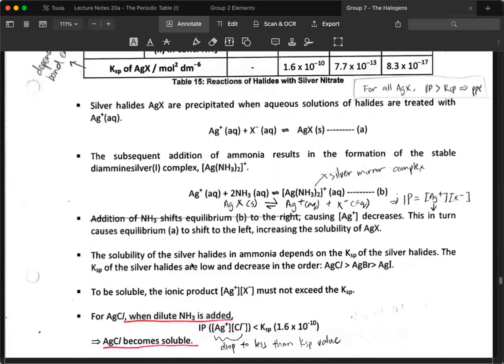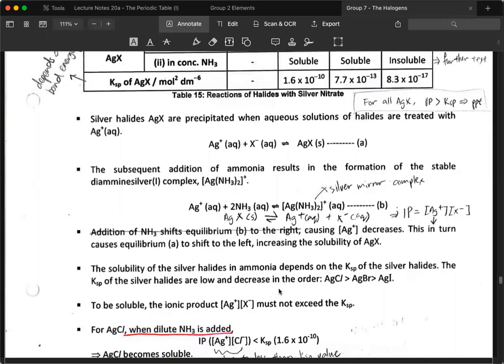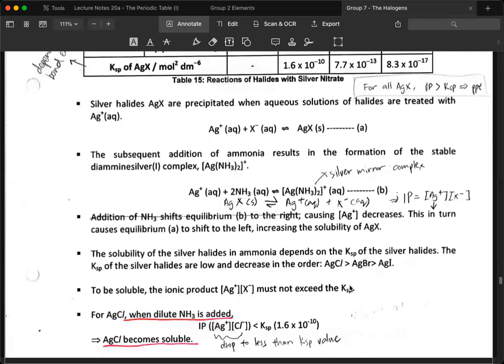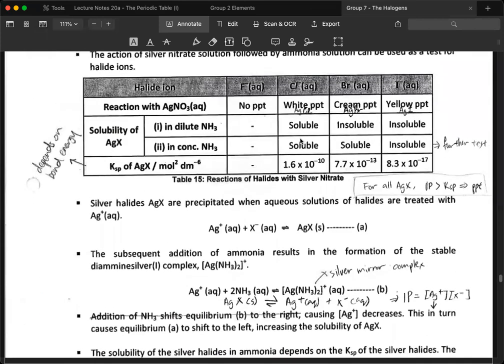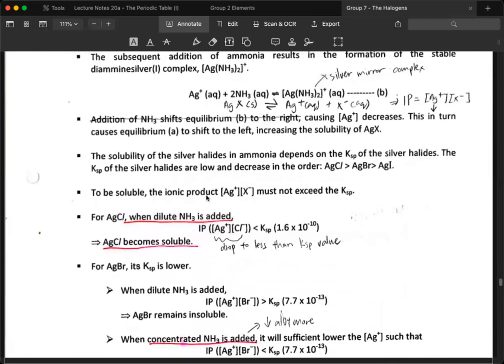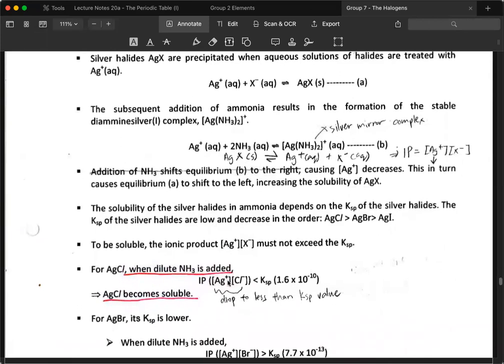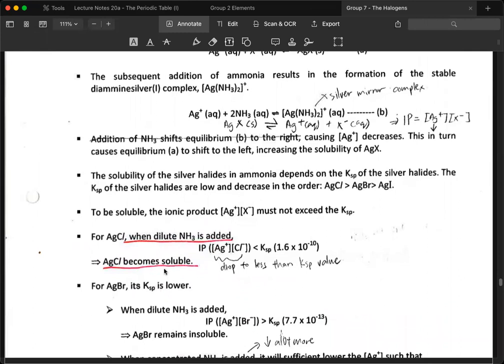The Ksp of the silver halides are considered low and decrease in this order. To be soluble, the ionic product must not exceed the Ksp. So for AgCl, for example, when dilute ammonia is added, the ionic product will be less than Ksp. So AgCl becomes soluble.